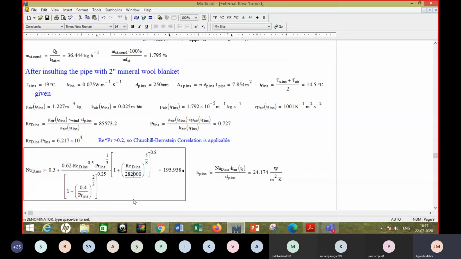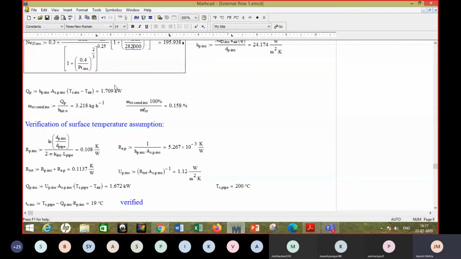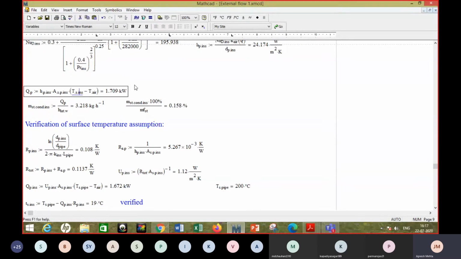So now what is the new heat loss rate? You can see it has drastically reduced. H value has not changed much. Area is also the same, but particularly this temperature difference is very, very small, and because of that it has reduced to just 1.709 kilowatt, right?